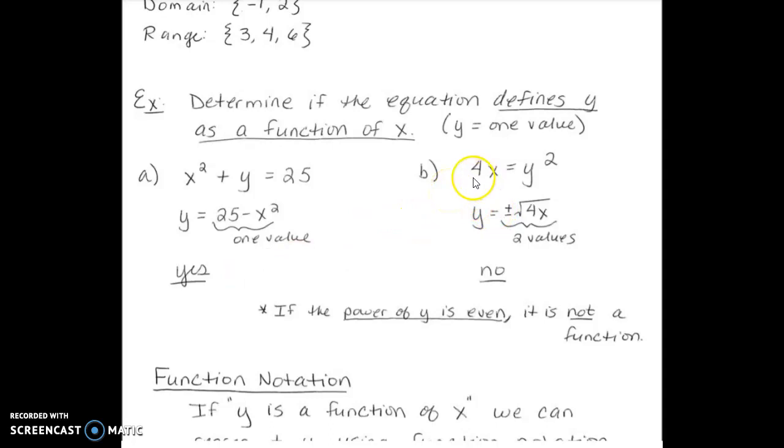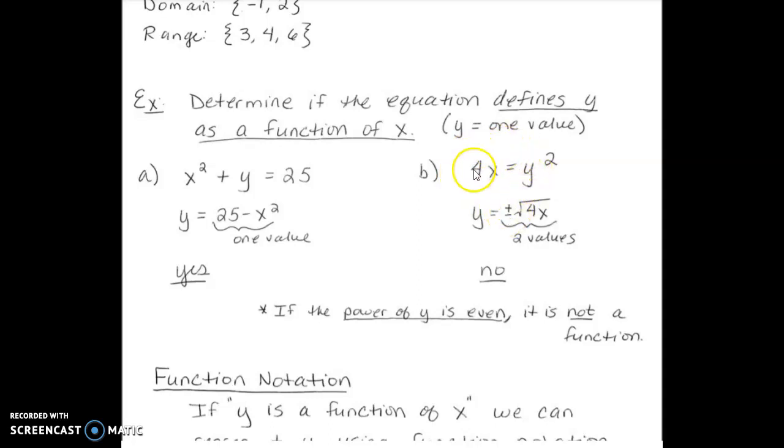In part B, we have the equation 4x equals y squared. Same question: is y a function of x? This time, to solve for y, I would have to square root both sides. When I square root this side, I would just get y, but remember when we square root both sides, we have a plus or a minus that has to go in front.